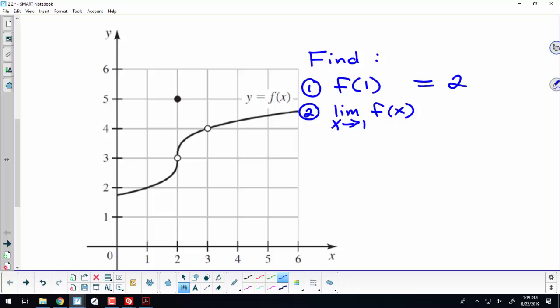And since we're asking what the function values are getting closer to, visualize limits like this: imagine the function itself is the road, and you have to travel along the road to get to this location. So x is approaching 1. We have to travel to this location on the function, maybe traveling this way or this way. As x approaches 1 along this path, the y values get closer and closer to 2.